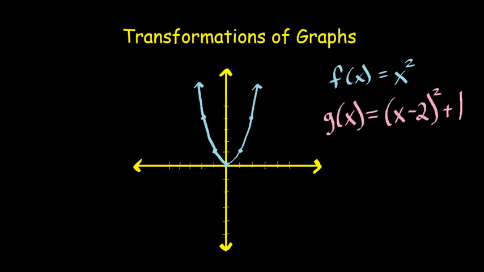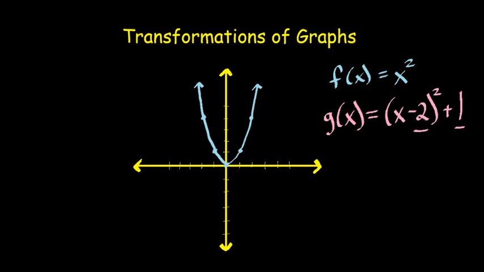Next, we'll look at putting two transformations together, a horizontal shift of 2 and a vertical shift of 1. If you recall, numbers added to the outside of the function are vertical shifts up or down. A positive will tell us to shift all of these points up.